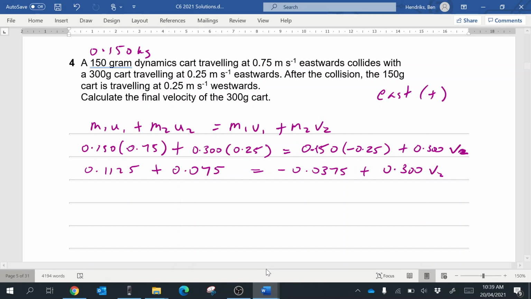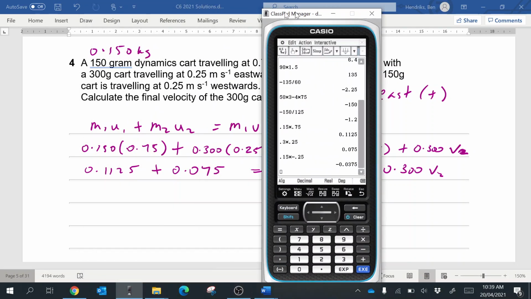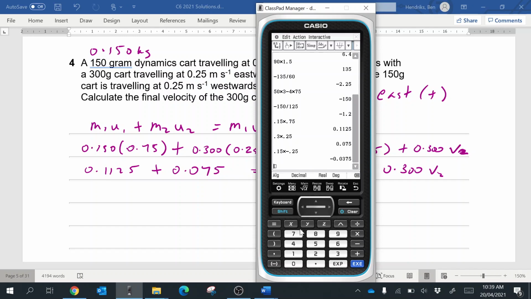Alright, so let's put those together. So we've got 0.075 plus 0.075, and I guess we could have put all these into the one thing.